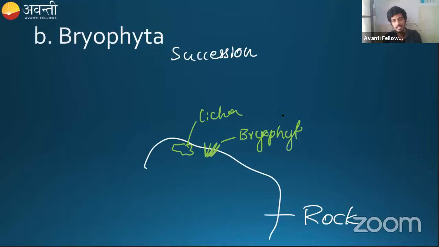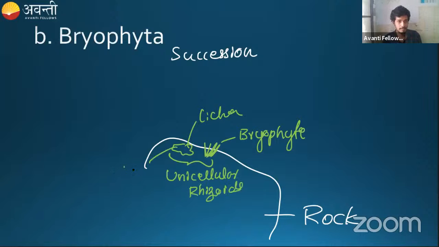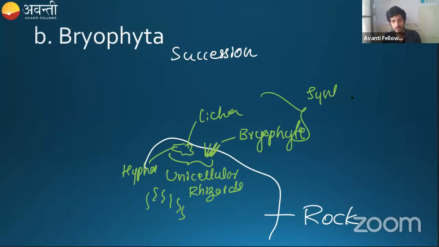Because these both have unicellular rhizoids in the bryophytes, or fungal hyphae. They will penetrate the small pores in the rocks. Then what will they do? They will synthesize some chemicals.